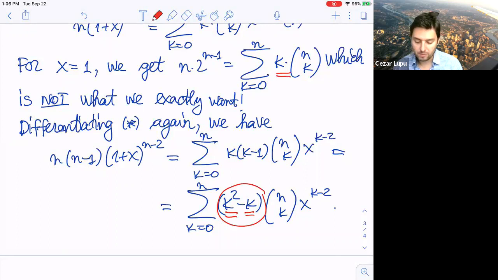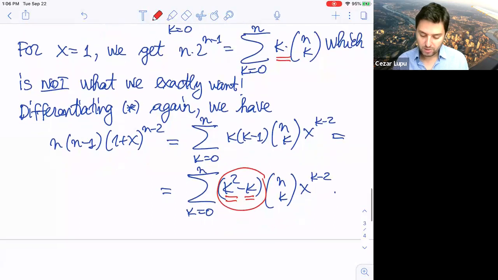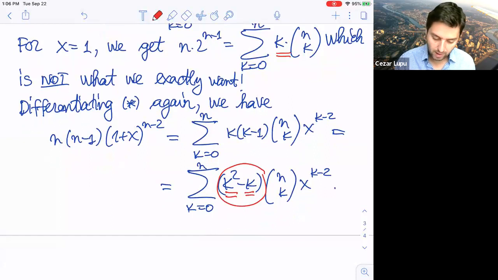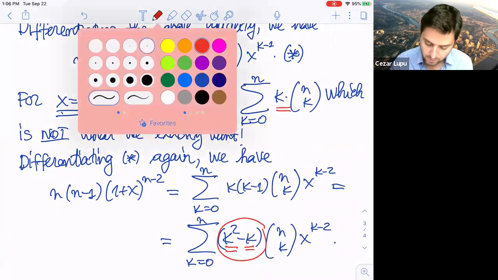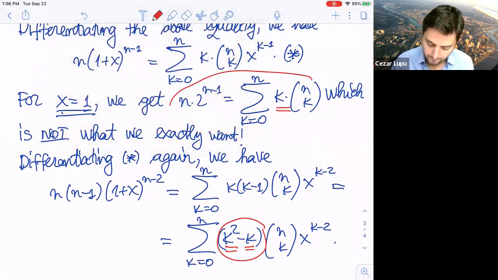So what if we take x to be 1 here? Let's see what happens. For x equals 1, we got this. So we should keep this in mind. Let me circle this.